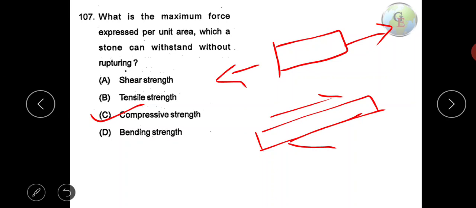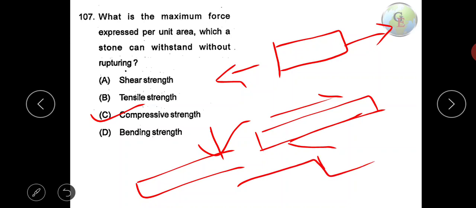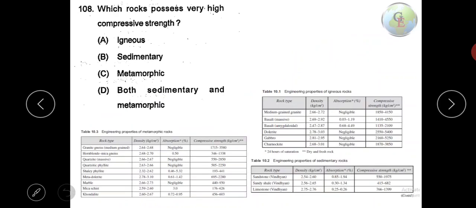And the bending strength is the flexural strength, also known as modulus of rupture, the stress in a material just before the yield or rupture. Suppose we are giving stress to a material on this side, when it tends to rupture, it will be known as the bending strength, and here the answer will be compressive strength.